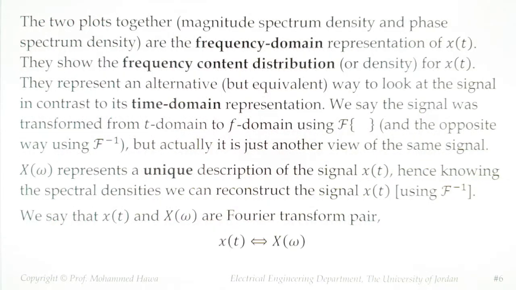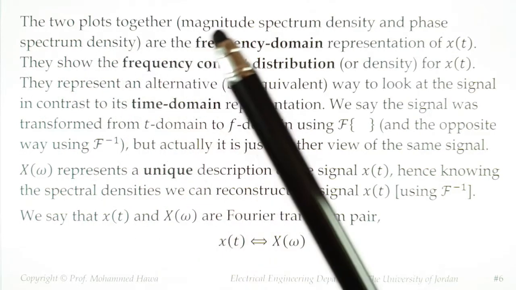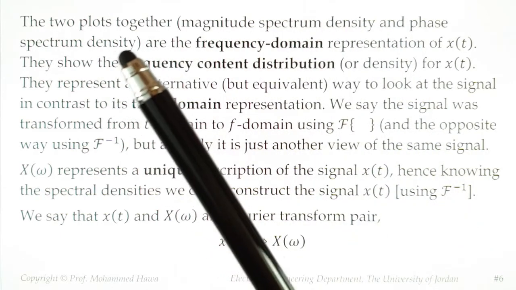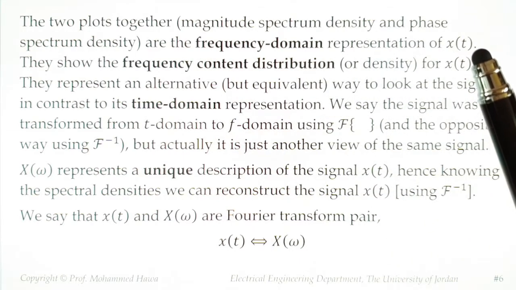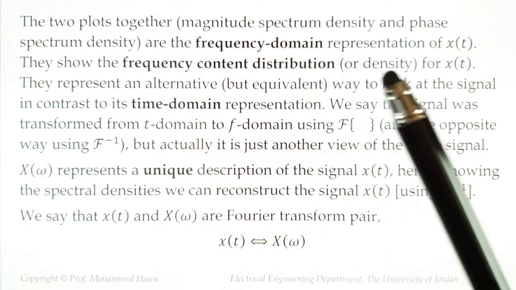An important terminology that you will hear a lot when it comes to Fourier transform is the difference between frequency domain and time domain. The two plots we're going to look at, the magnitude spectrum density and the phase spectrum density, are what we call the frequency domain representation of our signal x of t, because they show the frequency content distribution for that signal.